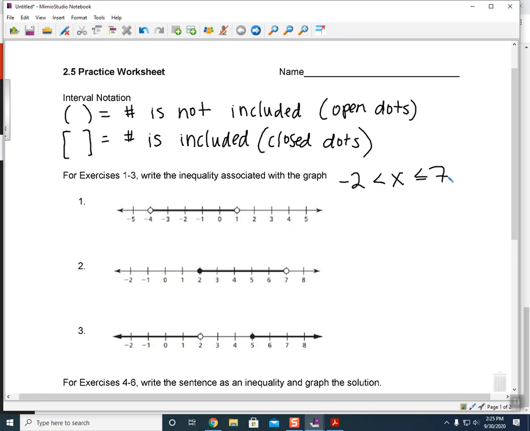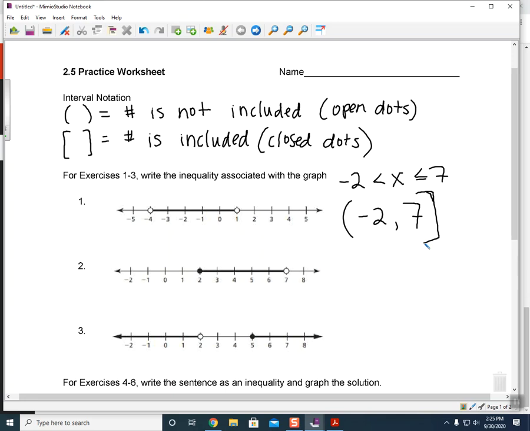I'm just going to pay attention to which numbers I'm including and which ones I'm not. So my minimum here is -2. I'm not going to include -2 in my solution set because -2 is less than x. So I'm going to put a parenthesis there, and a comma to separate them. My maximum is 7. 7 in relation to x is less than or equal to, so I am including 7, which means that I put a bracket around 7.